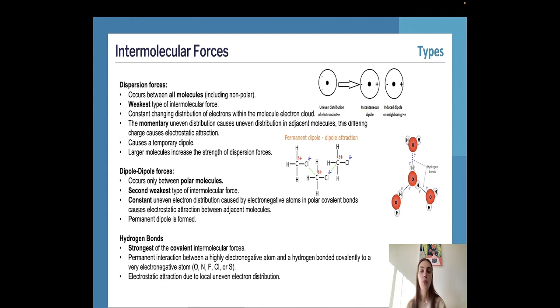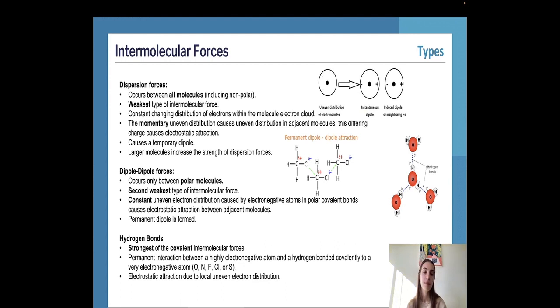So for example, in a water molecule, the oxygen is going to be a lot more electronegative than the hydrogen, and so there's going to be a lot more attraction of the electrons towards the oxygen than towards the hydrogens. And so that means that the oxygen part of each water molecule is going to be very, very negative and is going to have lots of electrons attracted to it, whilst the hydrogen part of the molecule is going to be very, very positive and going to have a lot of protons attracted to it.